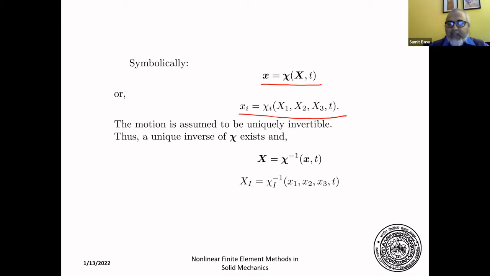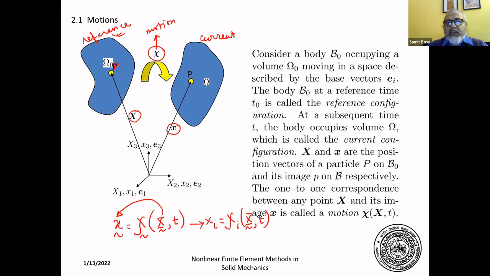Now, we assume that this motion is one-to-one and therefore invertible, which means that we assume that every point P goes to one and only one point small p. Okay, so this can be violated in certain situations.